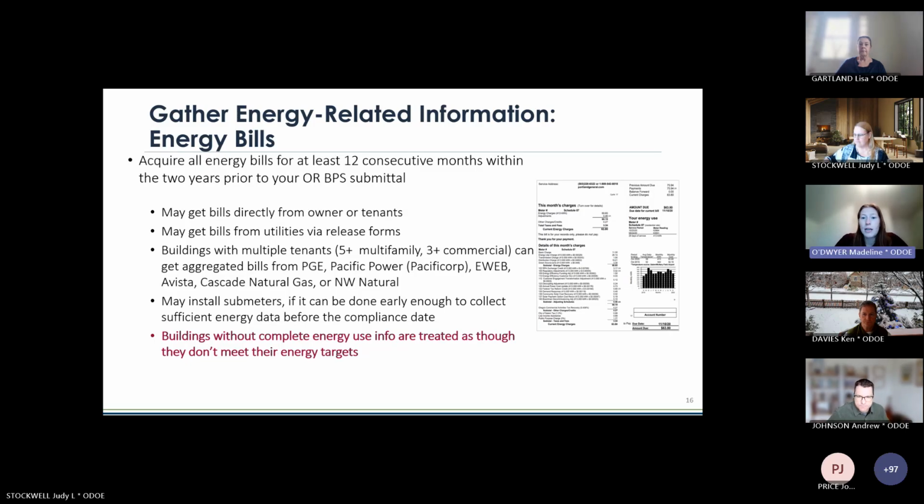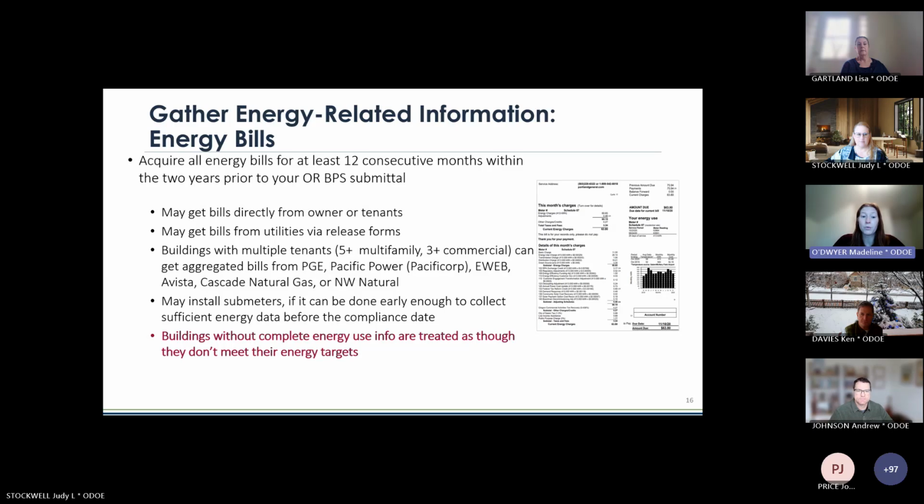The other important information on this slide has to do with your utilities. If you are in a building that has multiple tenants and you're within what we've called qualified utilities, which are PGE, Pacific Power, EWEB, Avista, Cascade Natural Gas, and Northwest Natural Gas, you may be able to get the data for these buildings aggregated.